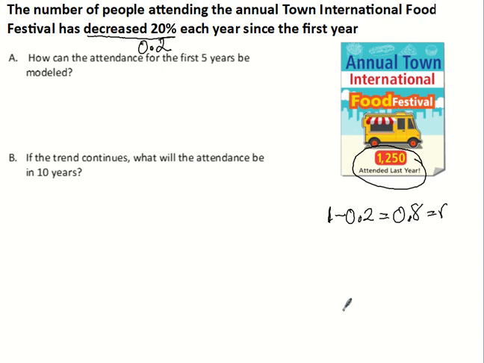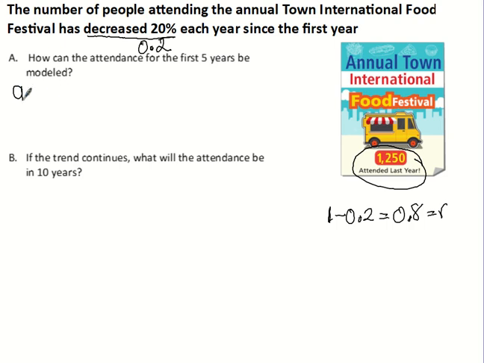We can write a recursive formula, and that would help us find certain information, right? But we also would then need the explicit formula here. So it says, how can the attendance for the first 5 years be modeled? That's where the recursive formula would come in handy, right?